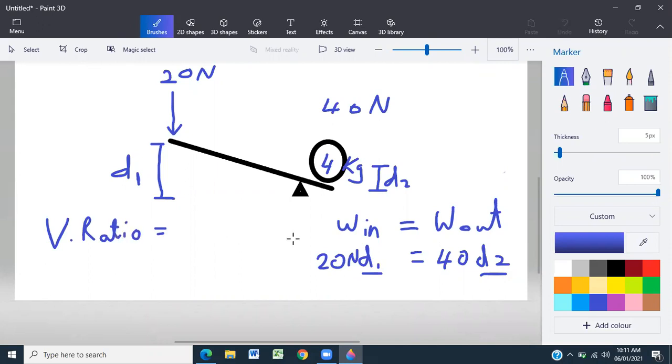That's equal to the distance traveled by the effort, d1, divided by the distance traveled by the load, d2. We can get an idea of what this velocity ratio is trying to describe.